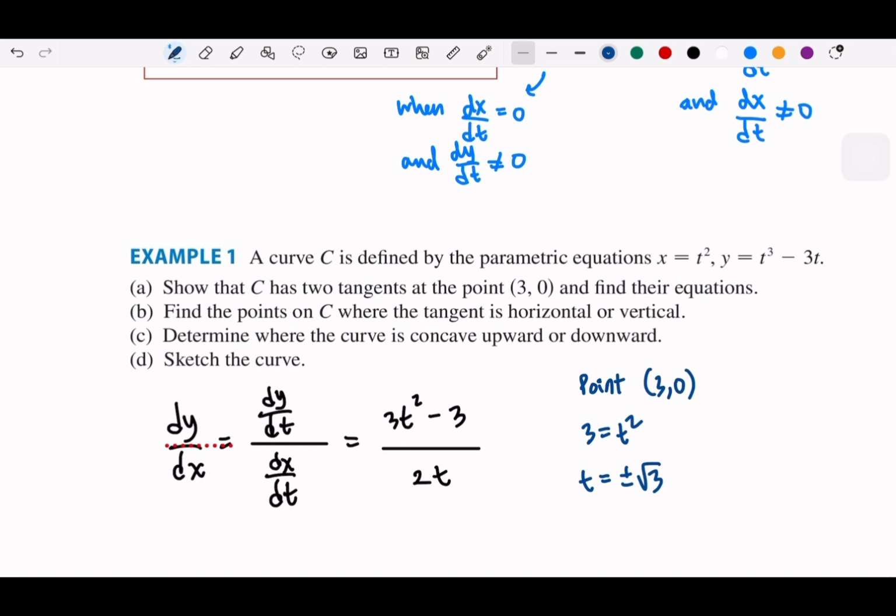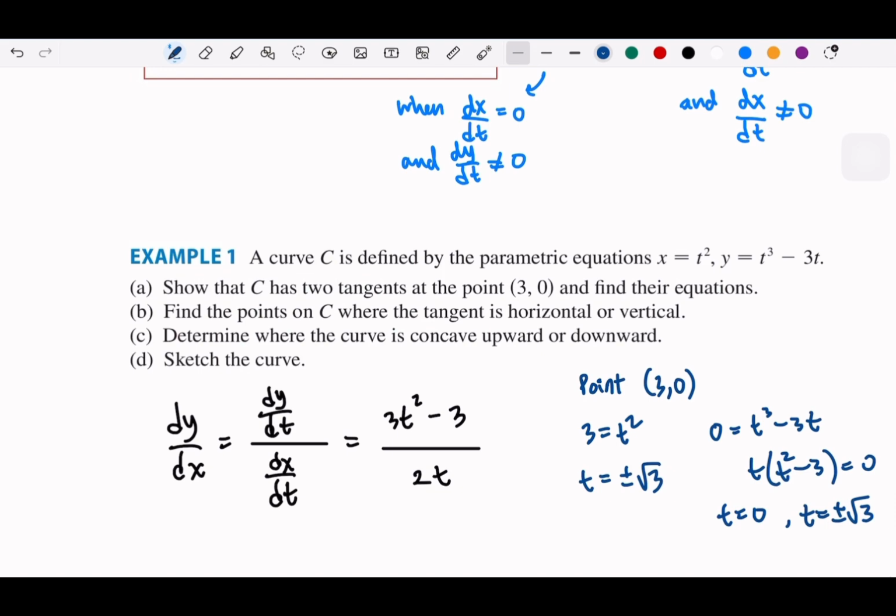And y is 0, so 0 is t cubed minus 3t, just to make sure that we are correct. This factors as t times (t squared minus 3) equals 0. So t is 0 and t is plus or minus the square root of 3. If you're not careful, you will miss out the 0.